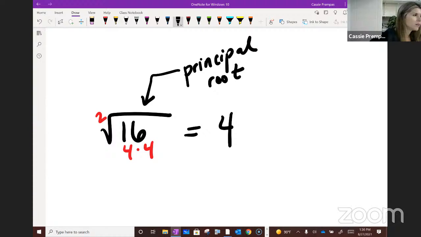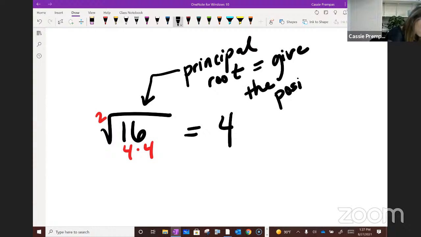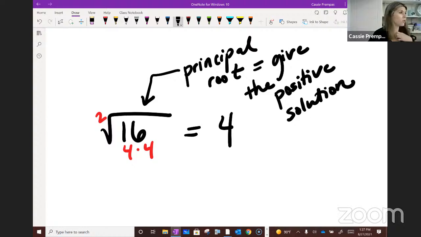Principal root? I may have heard it when I was a student, but I really didn't understand what it meant till I was a teacher. A principal root means it's asking for only the positive answer. So the principal root equals give the positive solution. So your algebra teacher taught you well. The answer is 4 there.